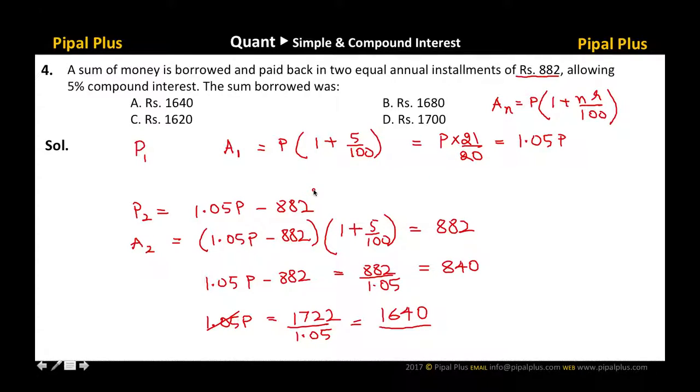Whatever the balance was, that amount became 840. Now when 5% was paid on 840, the amount due at the end of the second year again became 882, which got paid. So the correct answer is 1640. You'll mark A. Let's move on.